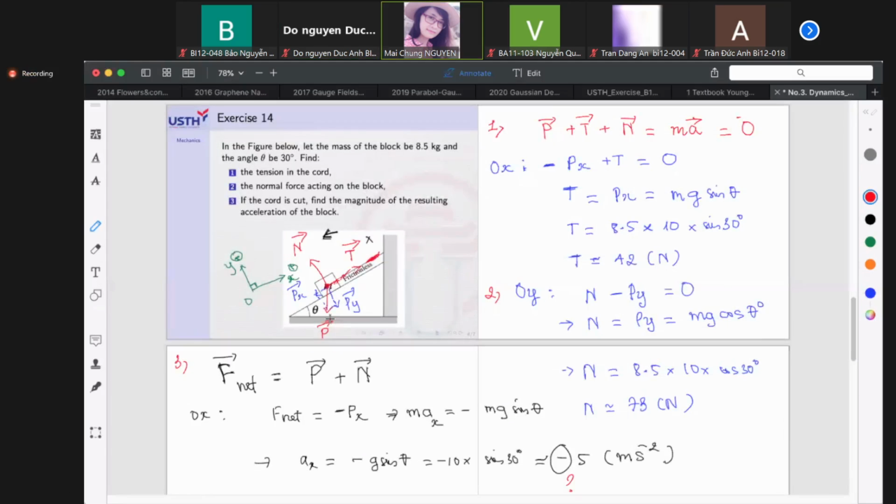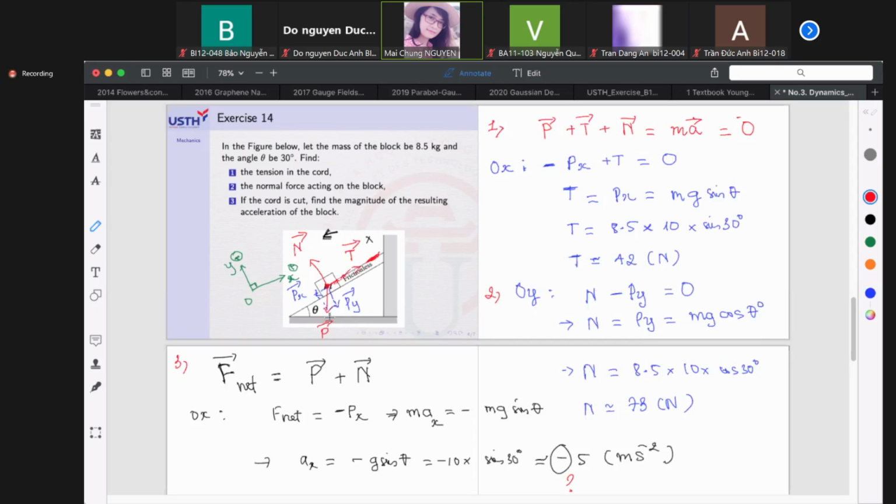Guys, do you have any question for exercise 14? If you think about 3 steps when you do an exercise, I think you could get it more easily. The first step, don't forget to list all forces acting on the object. The second step, don't forget to choose the positive direction.